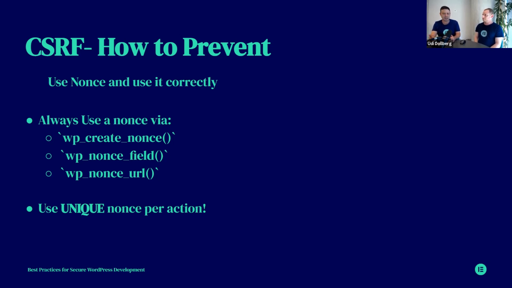If it's the same nonce, the action will allow it. So combine that with other checks, such as checking that the user can actually do what they are trying to do, but always use that nonce, which makes the request validated, and you know that it came from a place it should have come from, and that the user is valid to run that request.